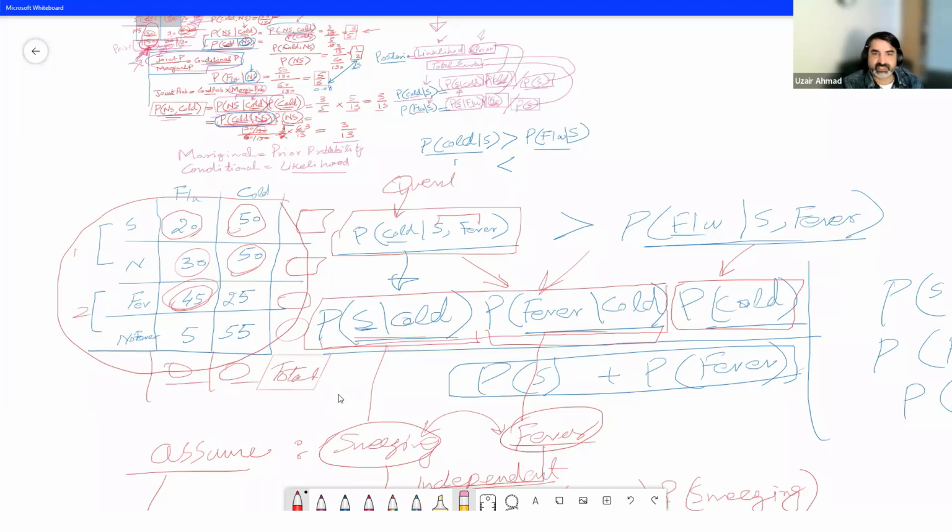The conditional is our question, right? Our classification question: what is the probability, given that the person has this symptom, that the person has cold? We will compare it with the probability of flu given the same symptoms. Whichever probability is higher, we will classify the person or the object or the data point to that class. And this solution we have here is referred to as a turnkey solution.